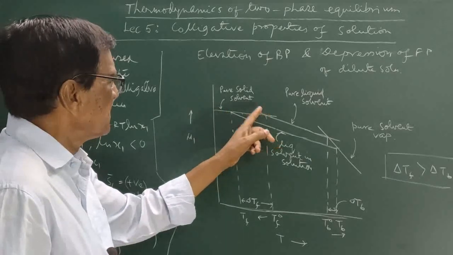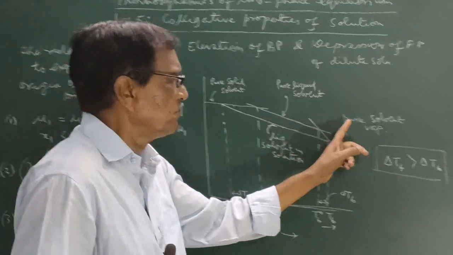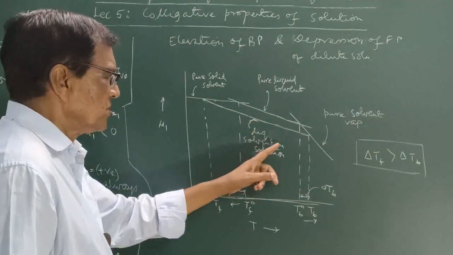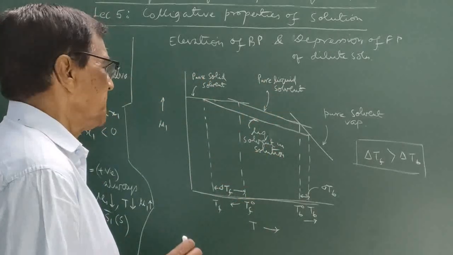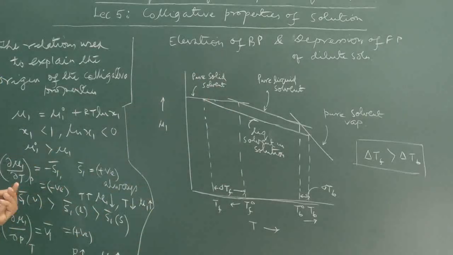This curve is pure solid solvent, this curve pure liquid solvent, this one is pure solvent vapor, and this one is the liquid solvent in solution. These curves are drawn according to this formula.